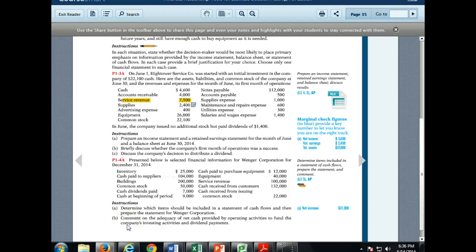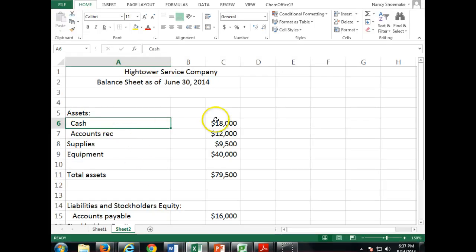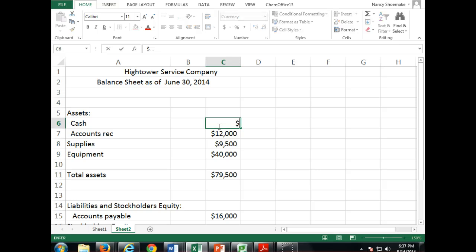They'd give us our cash, don't they? We're going to list all our assets. Let's look at this and see where all of our assets are. So the first thing we're going to take is cash. And the cash balance is how much? $4,600.